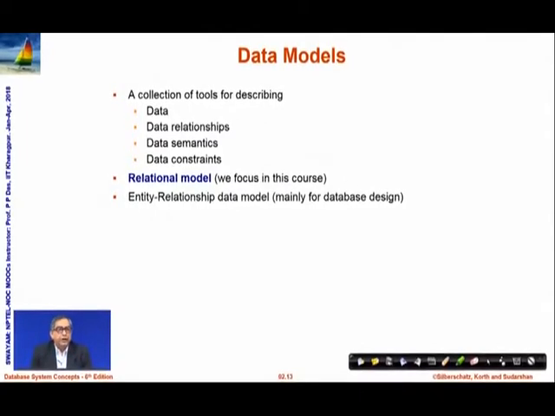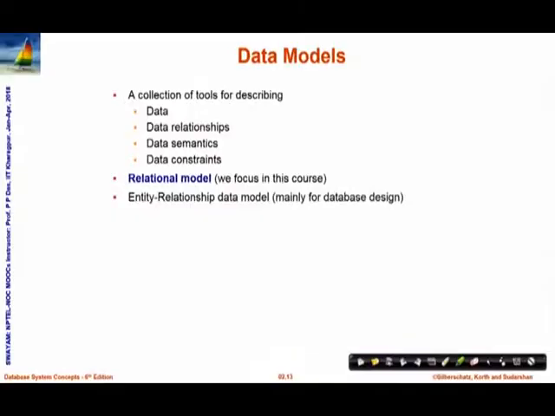So, we normally start with a less formal model known as the entity relationship data model, or ER model; ER diagrams, these are commonly called. If you recall your knowledge about object oriented systems, and if you happen to know UML, you already know about ER models and the corresponding class diagrams that result.